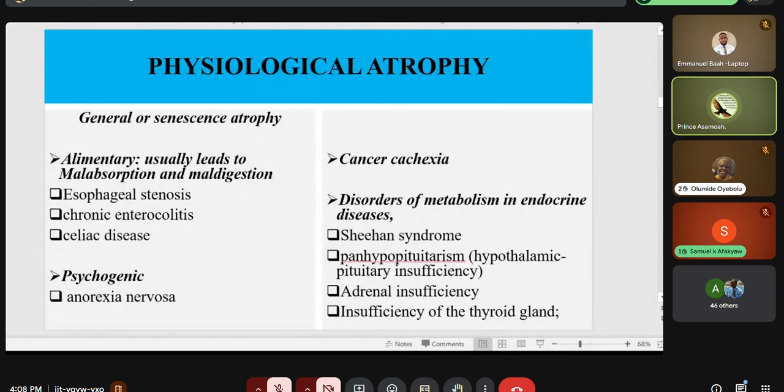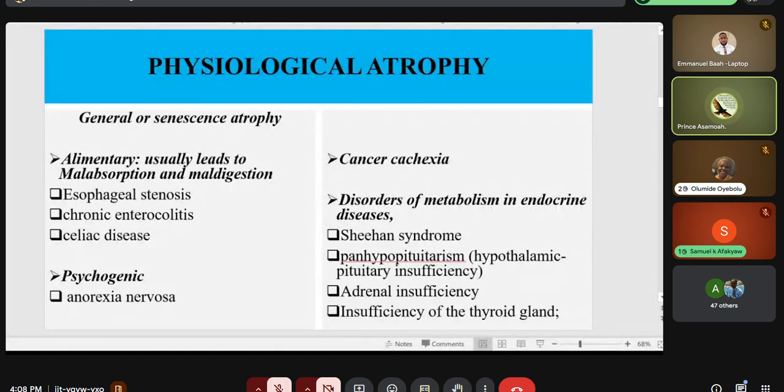And once you are not feeding the body with the nutrients it needs, the glucose, the fats that it needs to use and then store some to maintain weight, you are not getting it. Then the cells will have no other option than to shrink. Okay, and that is what happens. So yes, that is it.